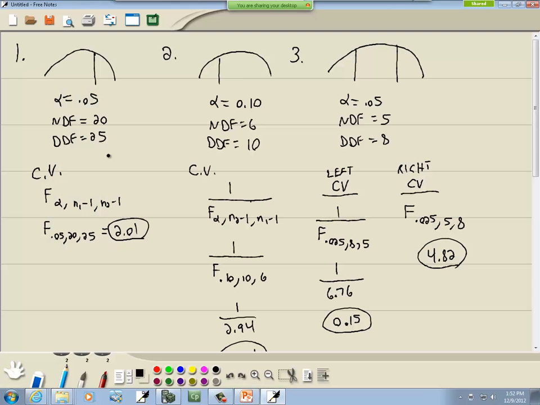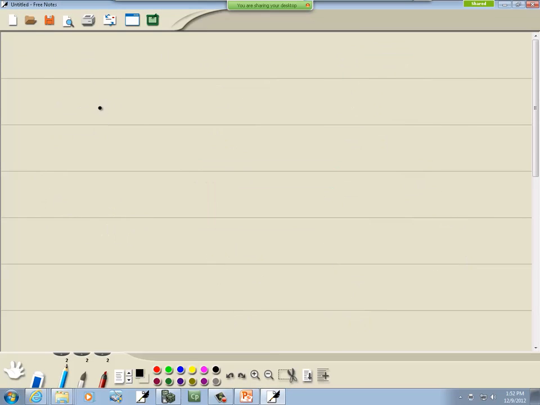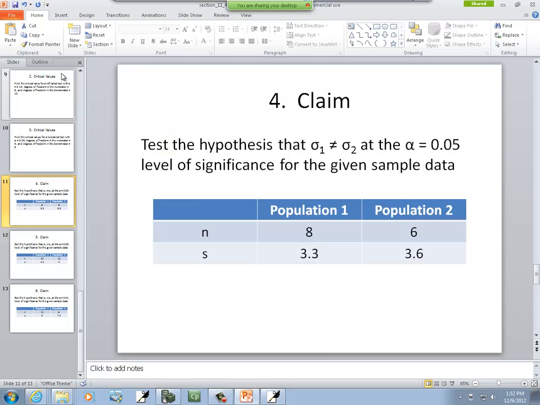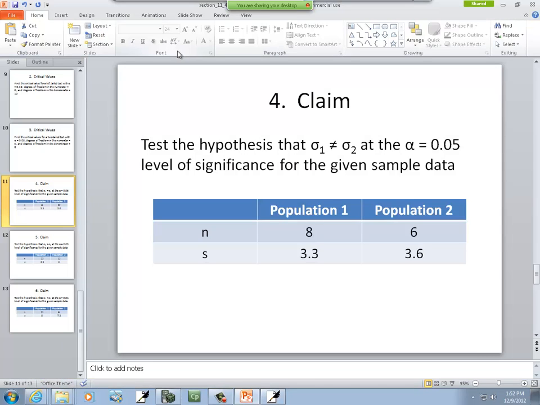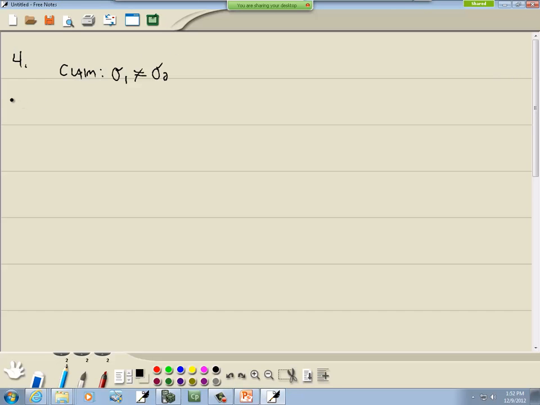Yeah, let's look at an actual claim now. Number 4. It says, test the hypothesis that sigma sub 1 is not equal to sigma sub 2. So that's our claim. Sigma sub 1 is not equal to sigma sub 2, at alpha equal to 0.05.